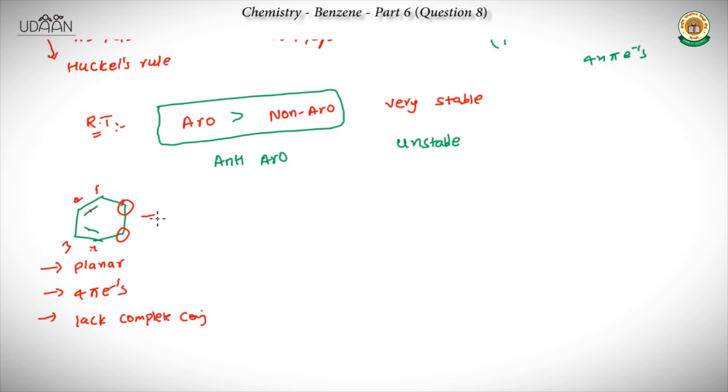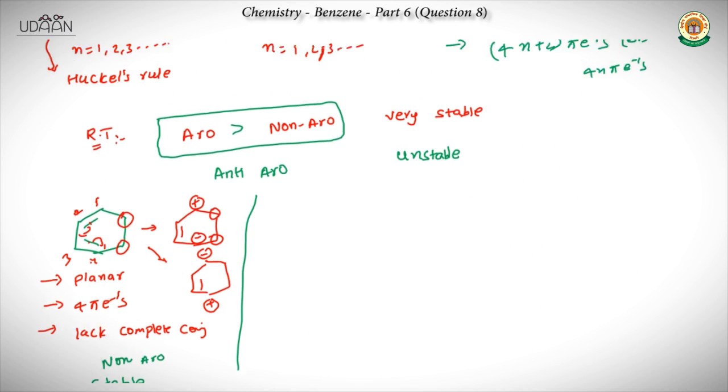If you draw the resonating or delocalized structures, you will have, say, positive charge here, negative charge here, or you can even have negative charge here and positive charge here, but see that these two carbons are not involved in this. So because of this, it is a non-aromatic compound and it is stable at room temperature.